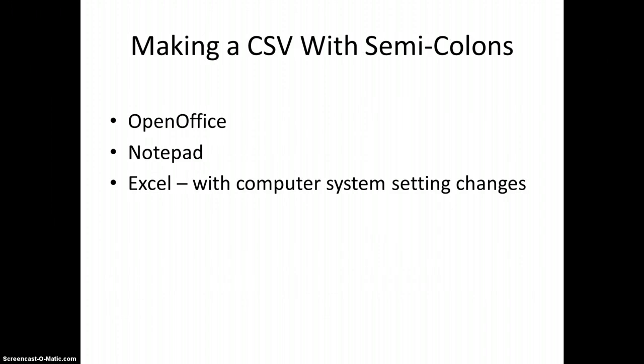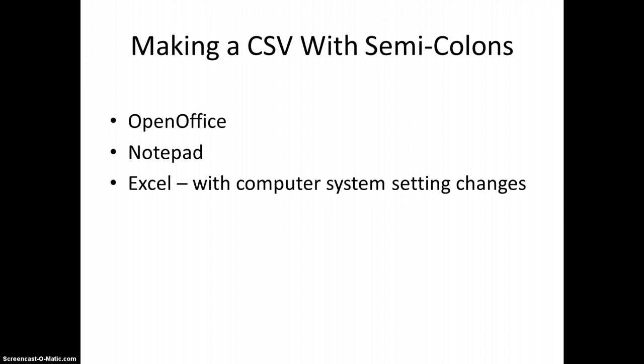So what can we use to make a CSV? The first thing that we recommend is OpenOffice. This is free software from Apache. It used to be with Sun. It's very stable and secure, and it has actually all of the Office suite functions that Microsoft Office has.